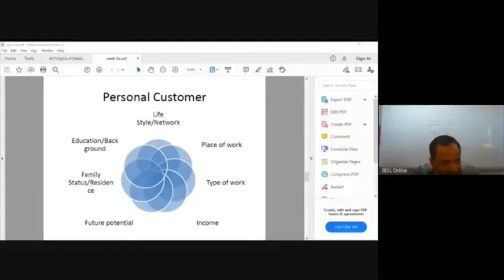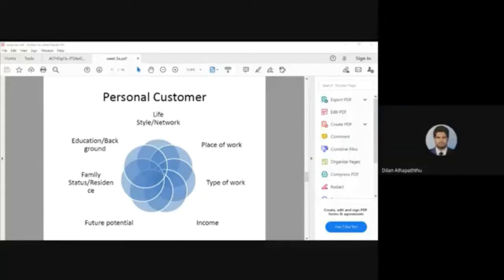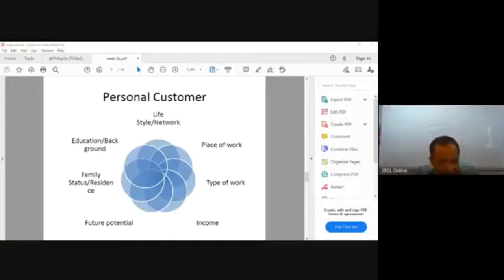You can avoid those, and the core part of the write-up should be 1,500 words, and there can be a little tolerance, but it cannot be more than 200 words. Okay, sir, clear. Right? Okay. So have a break and come at 10:50.